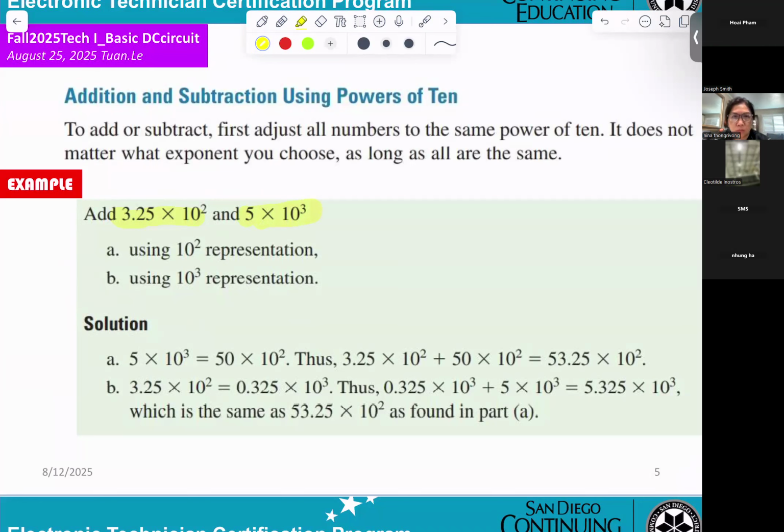So, first thing you have to do is make sure the powers are the same. 10 to the power of 2, then 5 times 10 to the power of 3 must be converted to 10 to the power of 2, by multiplying by 10, so 5 becomes 50.